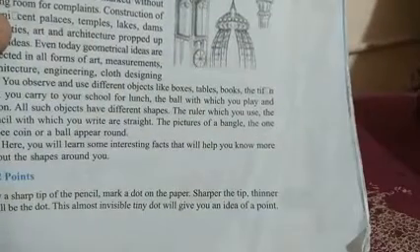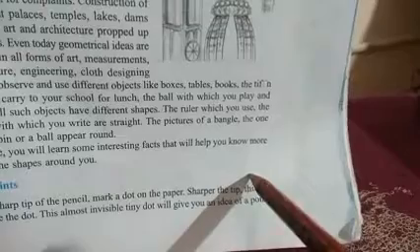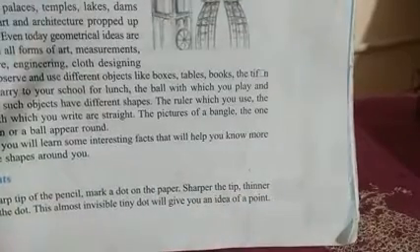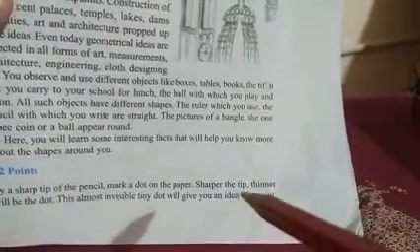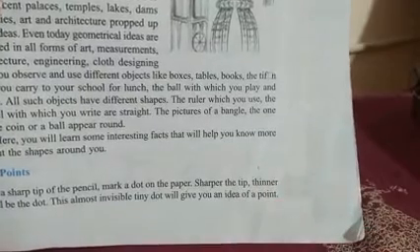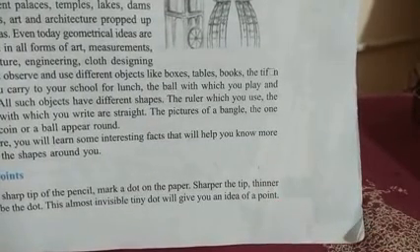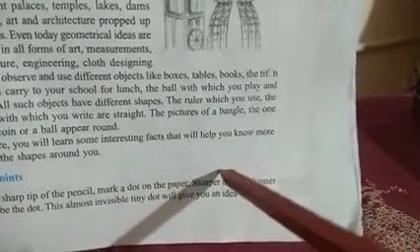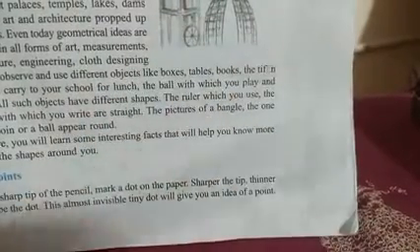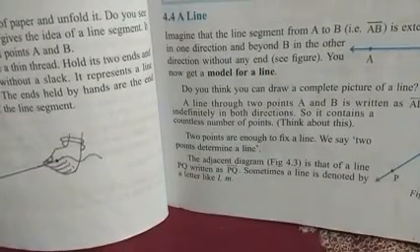What is a point? Suppose you take a pencil and mark a dot on a paper, that is called a point. The sharper the tip, the thinner dot you will get. This almost invisible tiny dot will give you an idea of a point. So this is also a point. This is also a point. A point determines a location.